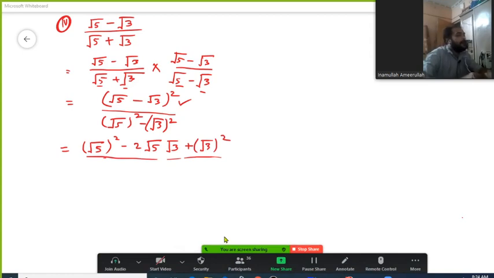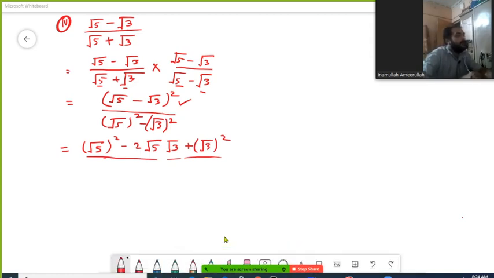Then the denominator is a square minus b square. So this square and root will get cancelled. So here we will have only 5 minus 3.